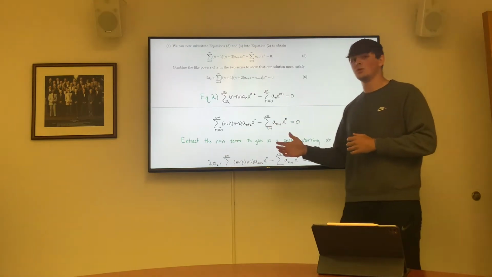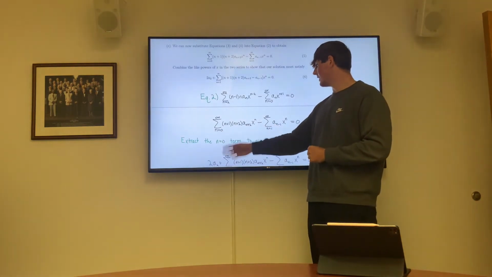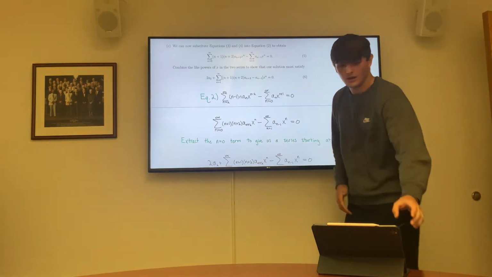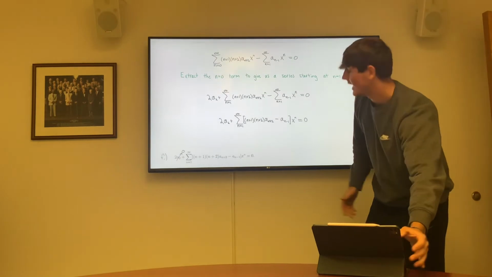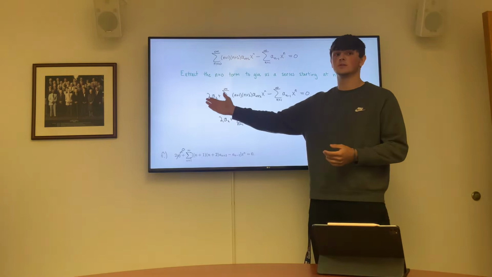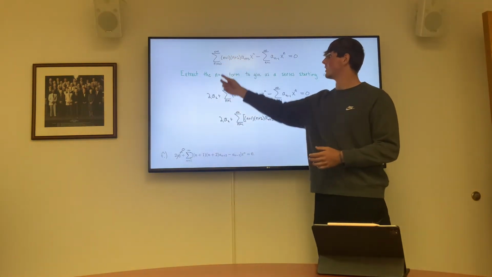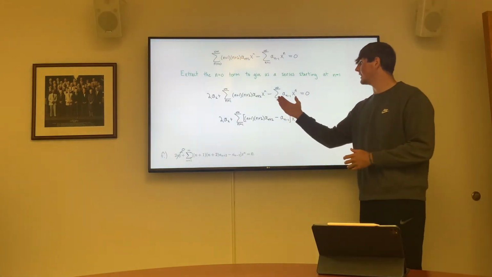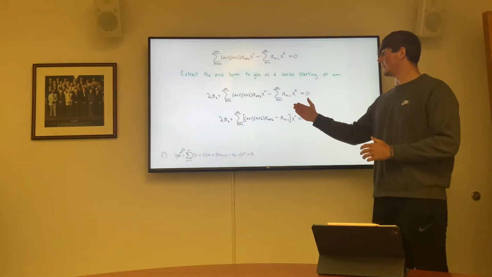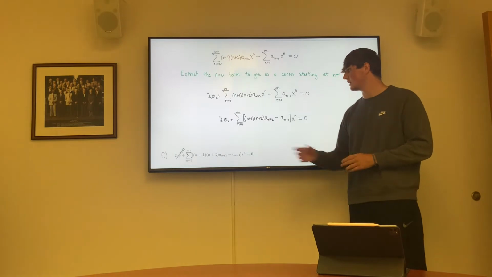So we extract the n equals 0 term from this series, which gives us a new series starting at n equals 1, given down right here. We know that the n equals 0 term is 2a_2, which is being added to this series starting at n equals 1, minus the sum from n equals 1 to infinity of a_(n-1) x to the n. Now we can combine these and extract our x to the n, which gives us this.